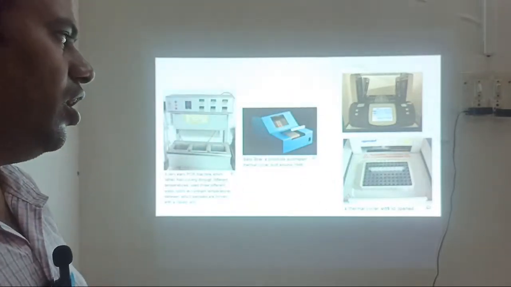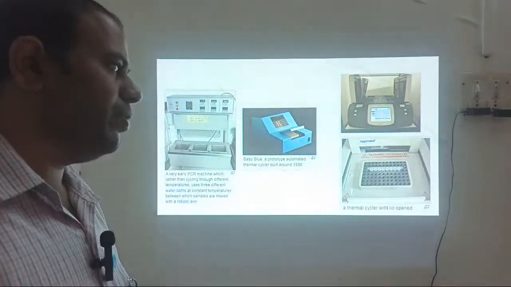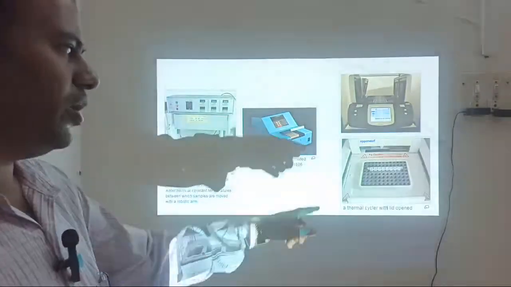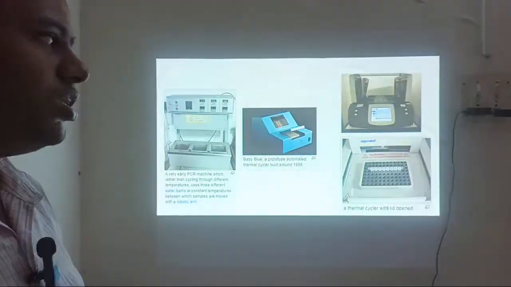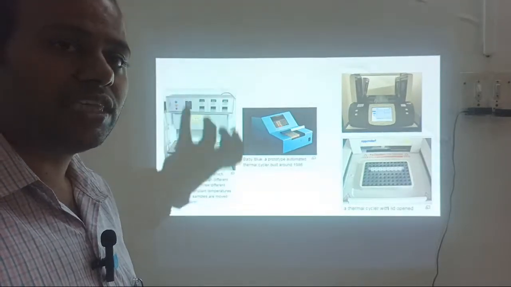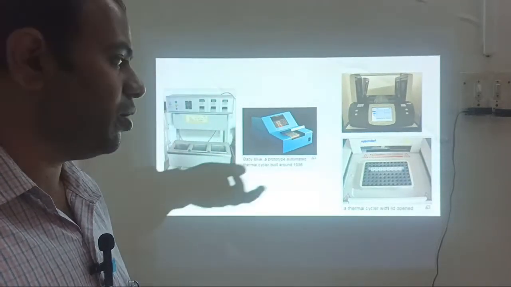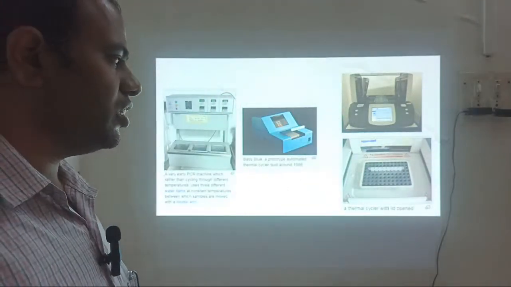You can see the open lid of a particular PCR machine, where the thermal block is opened. You can see the number of holes. This element present here is very important because it immediately reduces or increases the temperature. The flexibility of increasing and decreasing the temperature is very important in this case, and therefore it is called a thermal block.